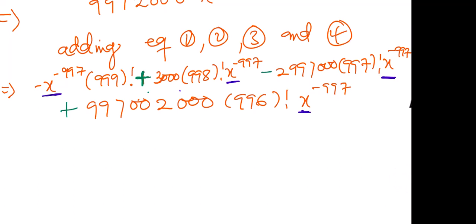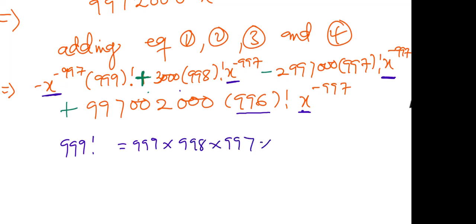And what we do know is that 996 factorial is common to this, because 999 factorial is equal to 999 times 998 times 997 times 996 factorial.